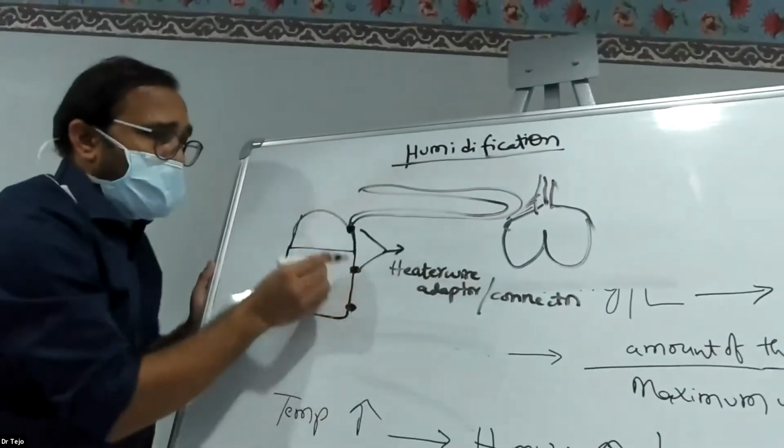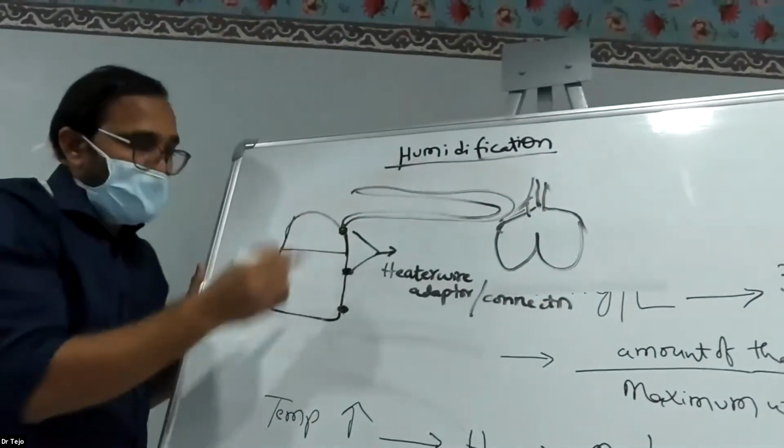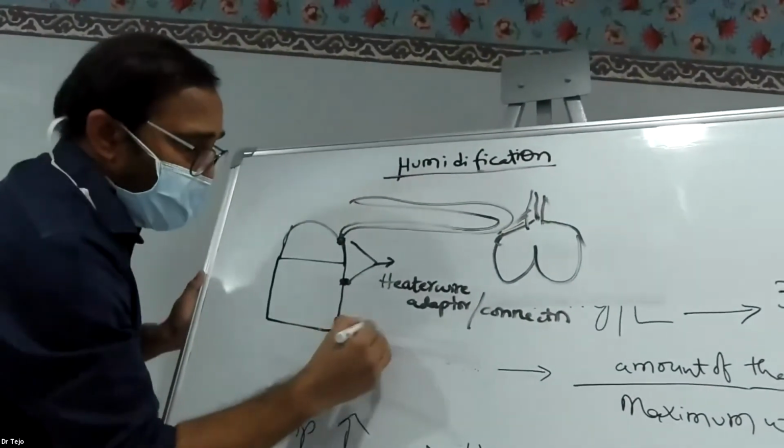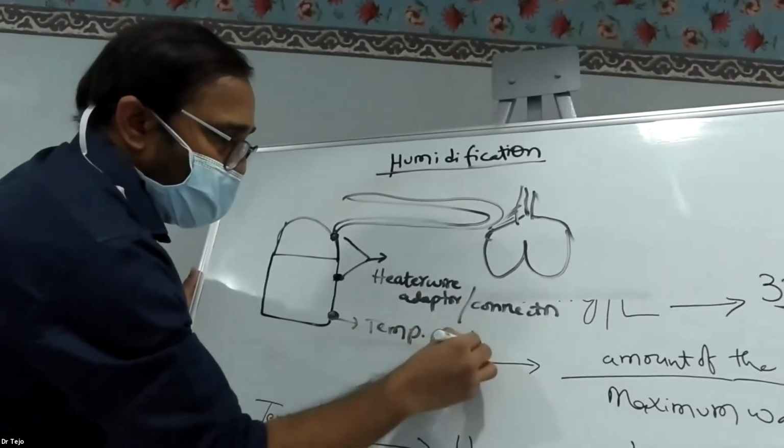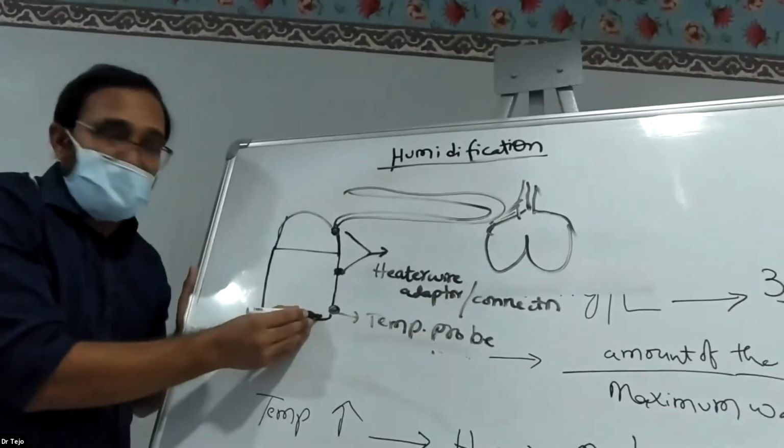So this is the connector and this is the heater wire adapter. And this is the temperature probe malfunction, or it is not inserted properly, you can get the alarm here.